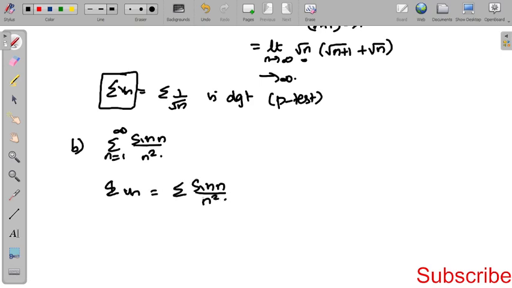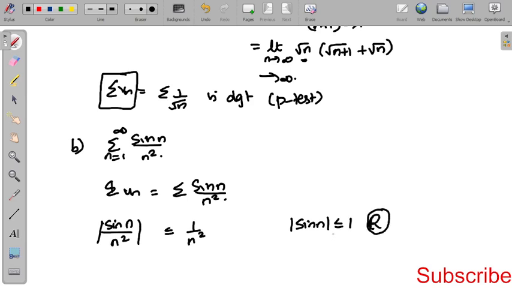Now I am taking the modulus of this, that is modulus of sin n divided by n square, which is less than or equal to 1 divided by n square, because you know that modulus sin n is less than or equal to 1 for real numbers. It is a bounded condition, that is minus 1 less than or equal to sin n less than or equal to 1.